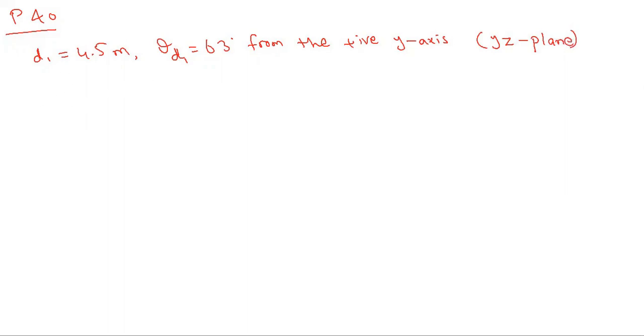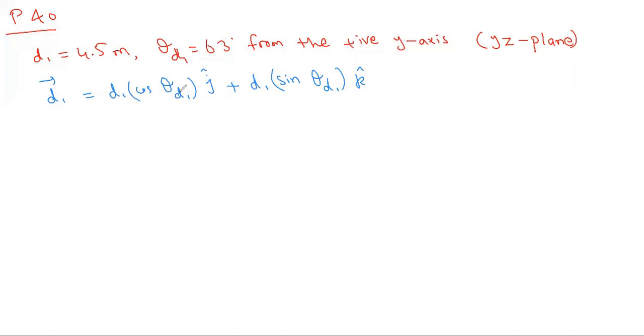So if I have to find the vector d1, I will write d1 cos theta d1 plus d1 sine theta d1. Since this is the yz plane, I can write this component as j hat and this as k hat, not the conventional i and j hat, because the plane is now the yz plane.